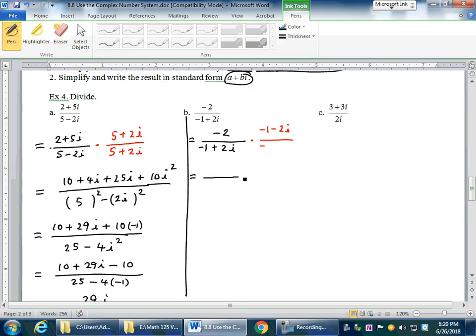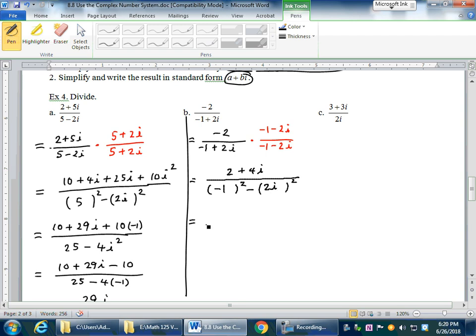In the numerator, we distribute it. So negative 2 times negative 1 will be plus 2. Negative 2 times negative 2i will become plus 4i. In the denominator, it's the difference of two squares formula. So first, negative 1 squared. My last is 2i quantity squared.